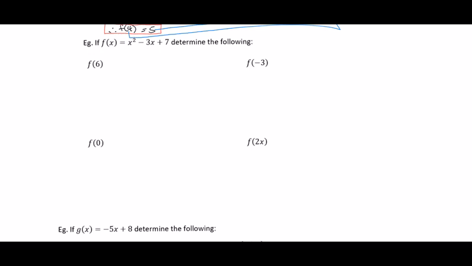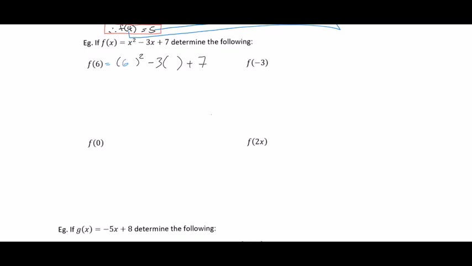Now, we want to calculate all these different numbers: when x is 6, when x is negative 3, when x is 0, and when x is 2x. So let's just do our substitution. What I tend to do is put my brackets for where x is going to be, and then once I've done that, I do my straight substitution.